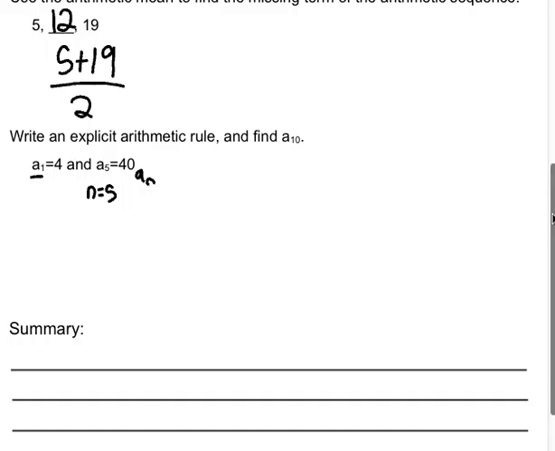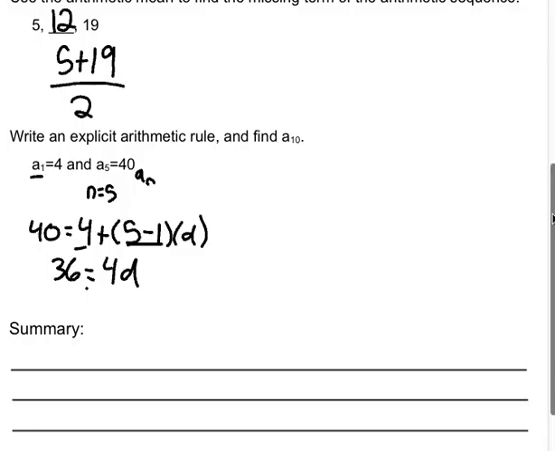So here, my future term equals A1 plus n minus 1 times d. And right now, I'm using the formula to find d. I'm going to subtract 4. 5 minus 1 is 4. So divide by 4. My d is going to be 9. So now that I know what d is, now I can actually plug it in to write my official explicit formula.